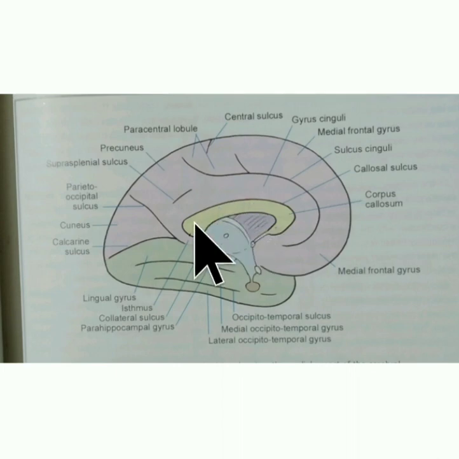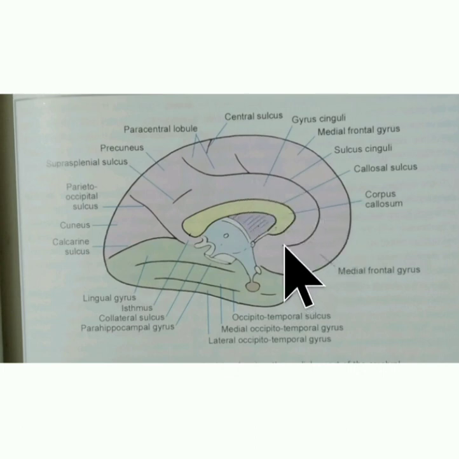I have already said that this is the corpus callosum. Above the corpus callosum is a sulcus called the cingulate sulcus, which follows a curved course parallel to the upper convex margin of the corpus callosum.